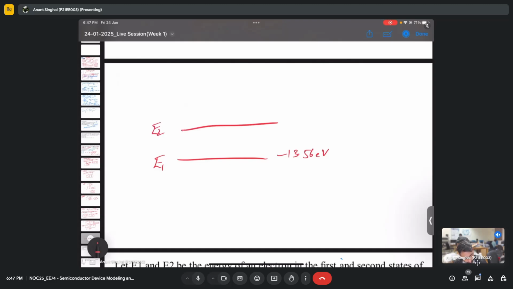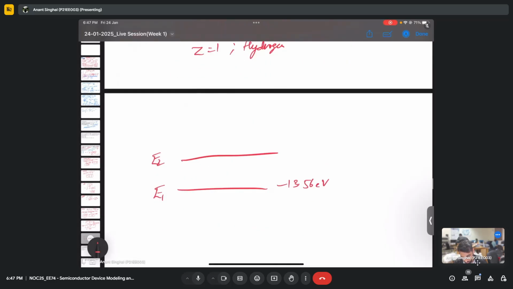E2 will come out to be that value divided by 4, that is minus 3.39 electron volt. Then we have E3, which is closer, which is minus 1.51 electron volt, and it can go up to infinity. Infinity is basically 0 electron volt.